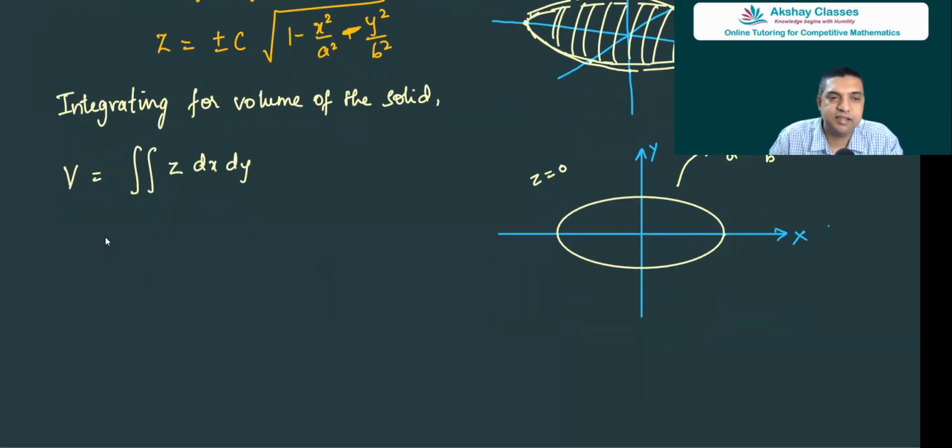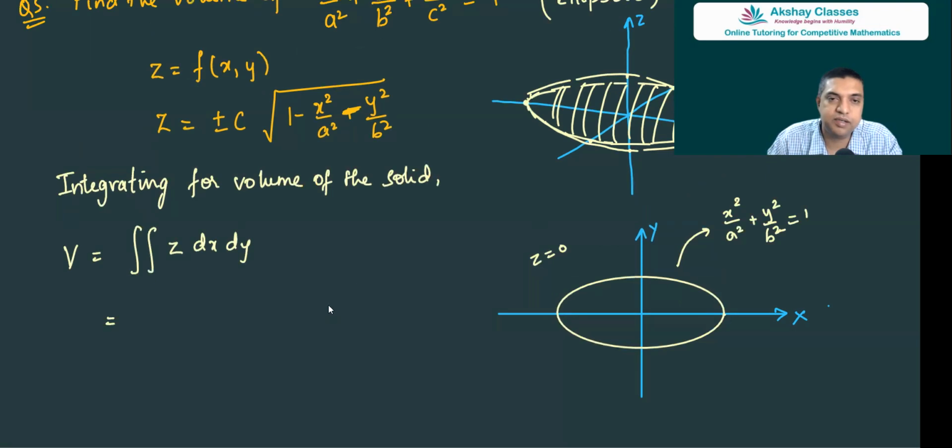Now z, let us see. I will use only the upper half. Then I have to multiply it with 2. If I use the upper half, I have to multiply this with 2.